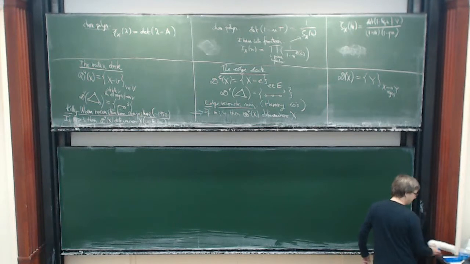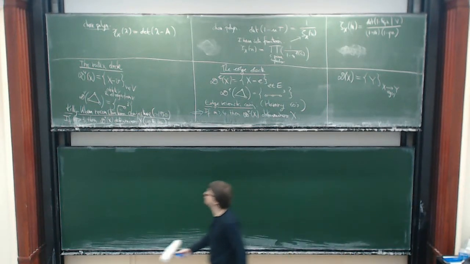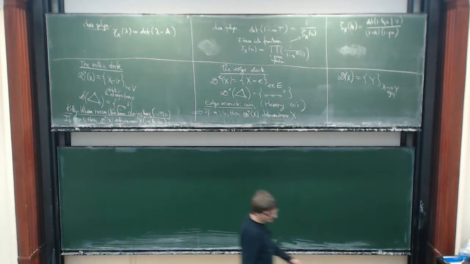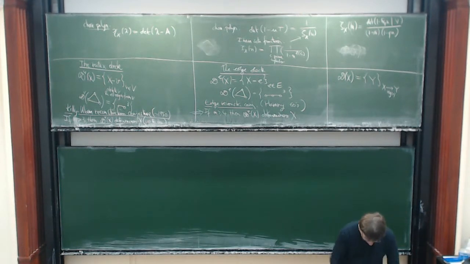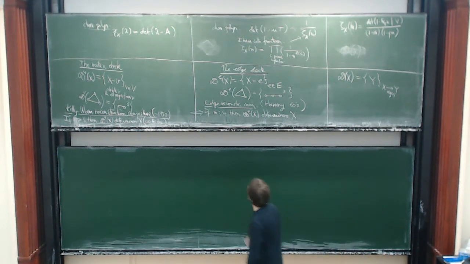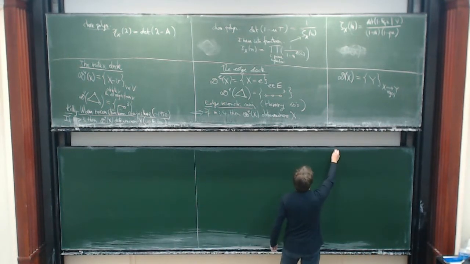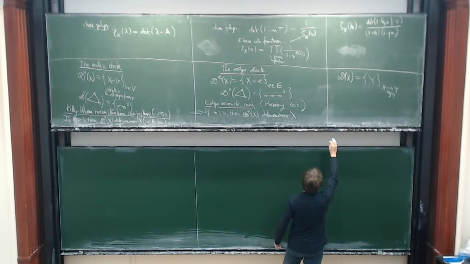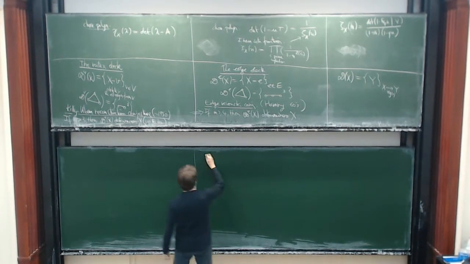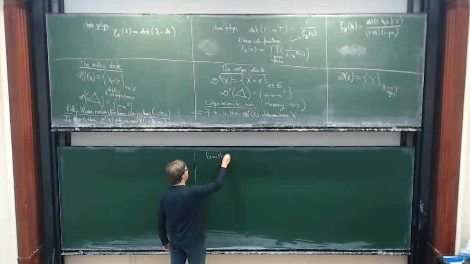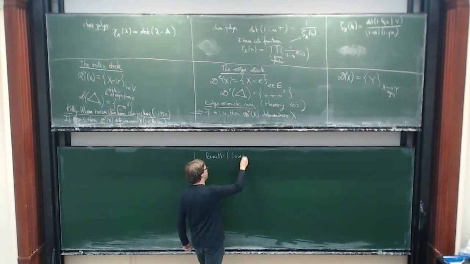So let's look a little bit at what is known about this reconstruction business. Let me put a result here, which is, as far as I know, the only general one. It's a very beautiful result.